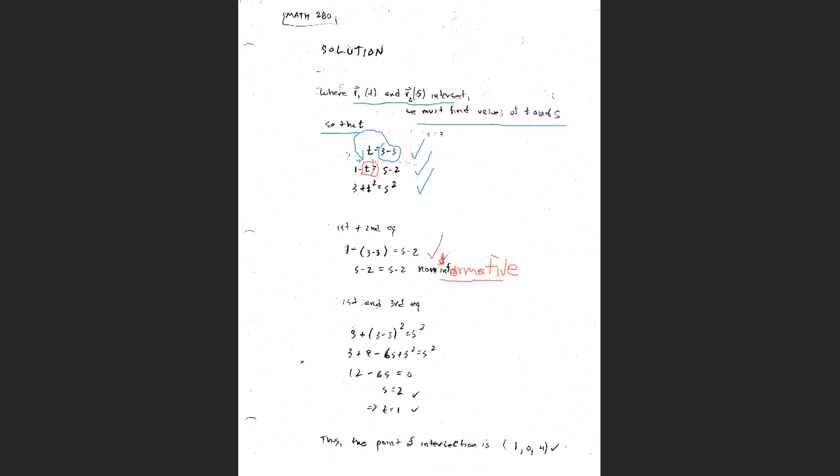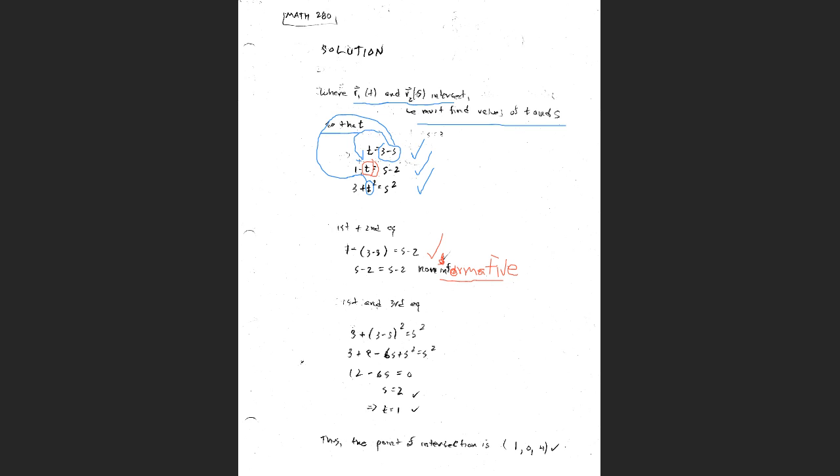Let's work with the first and third equations. So again, I'm going to take t equals 3 minus s. I'm going to substitute that in for the t here in the third equation.